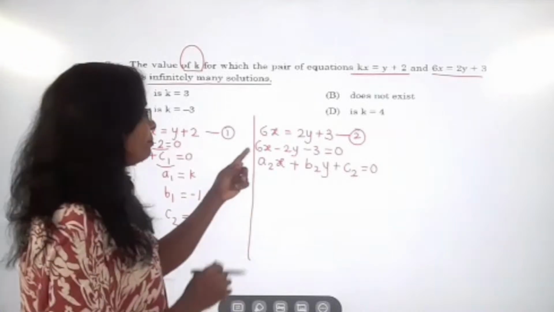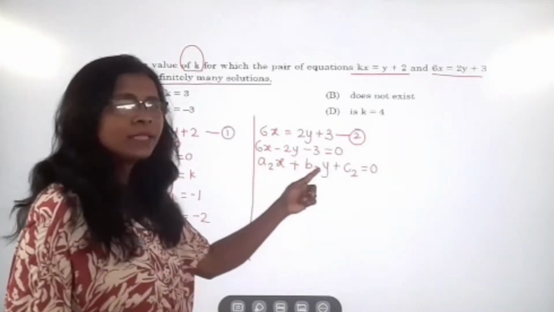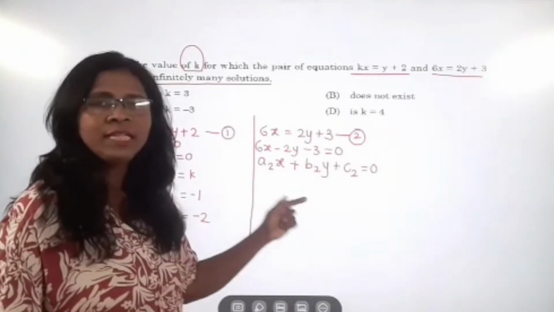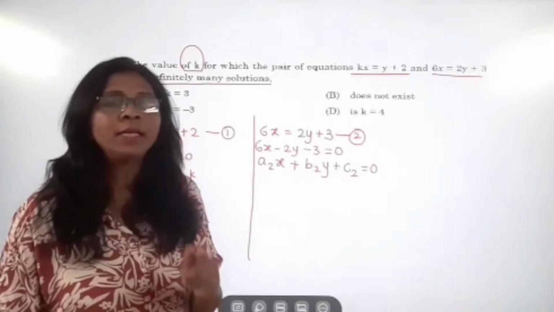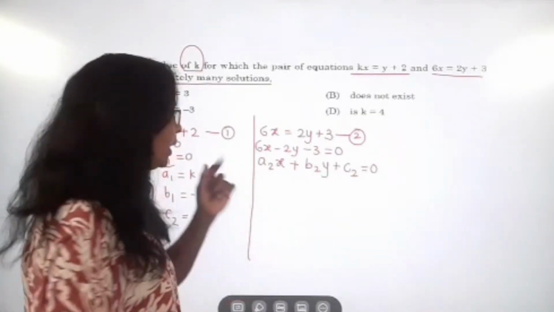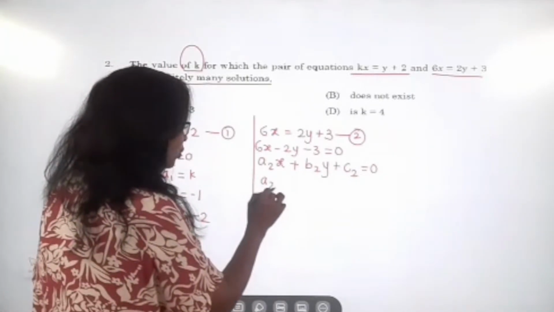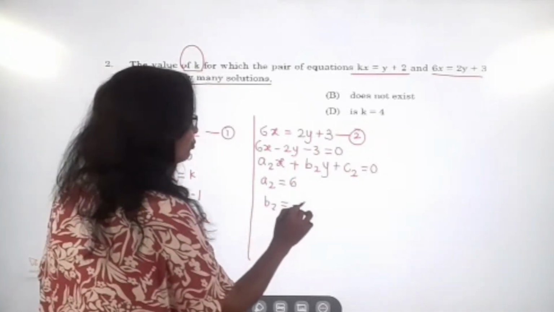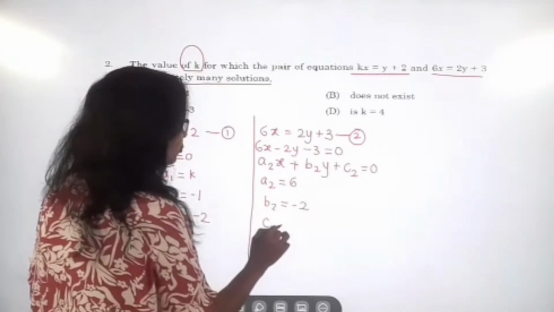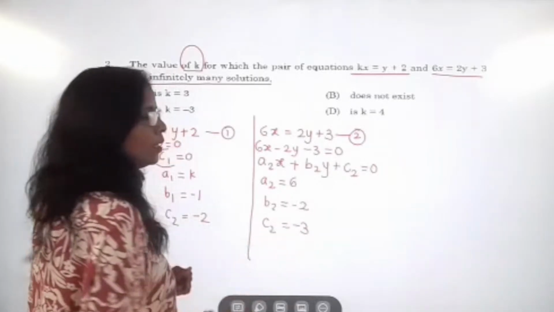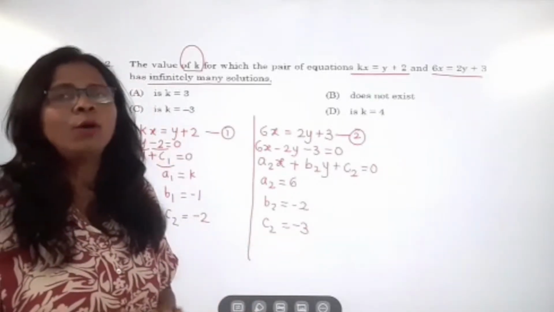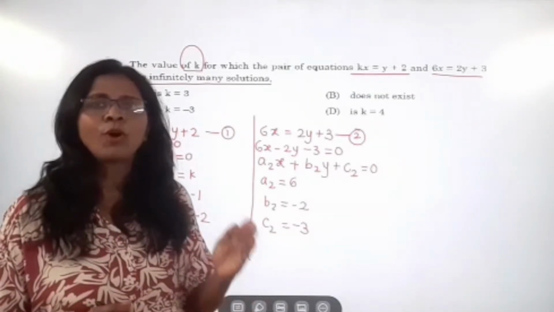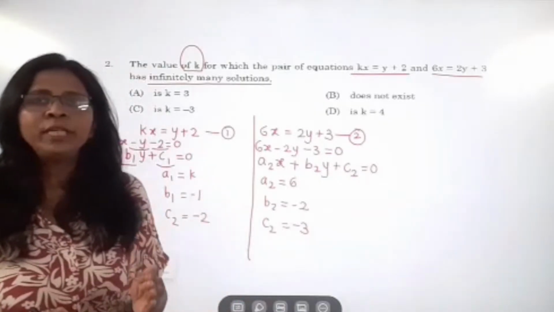Now here compare 6x minus 2y minus 3 is equal to 0 with this a2x plus b2y plus c2 is equal to 0. That means students a2 is equal to 6, b2 is equal to minus 2 and c2 is equal to minus 3. So now here students we got the values of a1, b1, c1, a2, b2, c2.